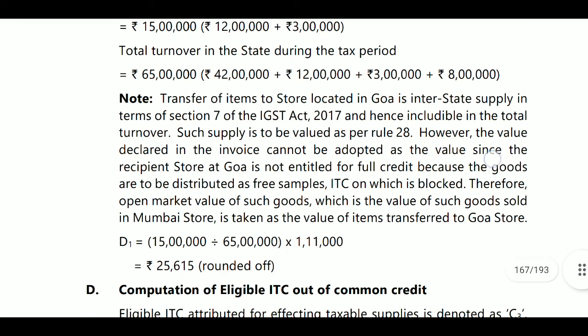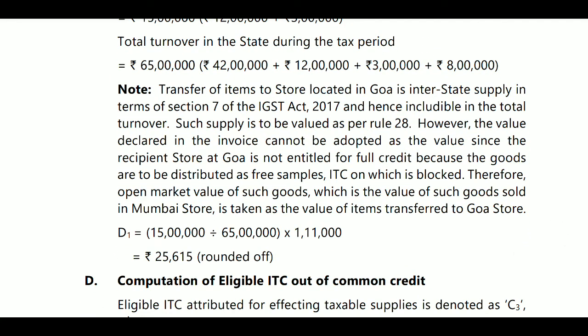Now here note, transfer of items to the store located in Goa is an interstate supply in terms of section 7, and hence included in the total turnover. Such a supply is to be valued as per rule 28.